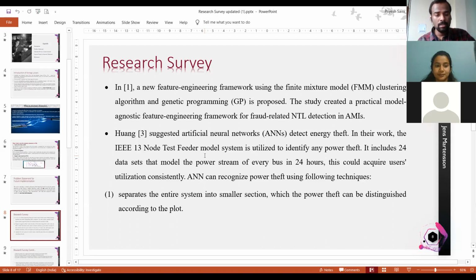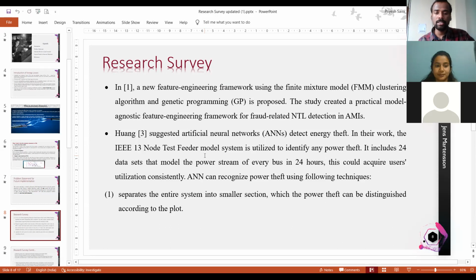The second research paper, presented by Mr. Huang in reference number 3, suggested an artificial neural network, which is widely used in varied kinds of problems. Here they have used the IEEE 13 bus system to generate the data, and 24 data sets are generated, where each data set represents each bus repeated over a cycle of 24 hours.